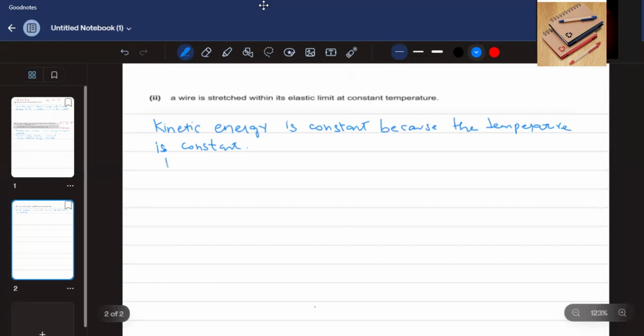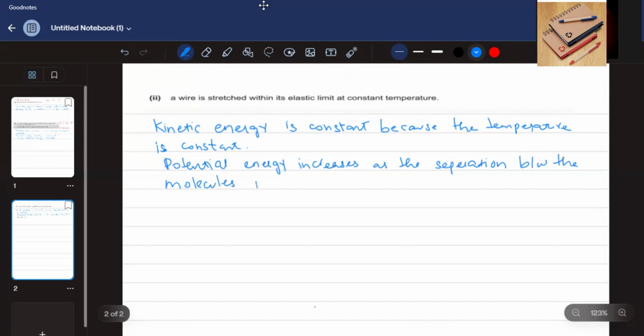So we'll write: potential energy increases as the separation between the molecules increases.